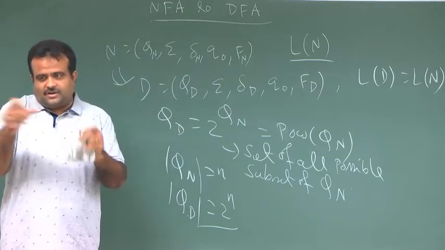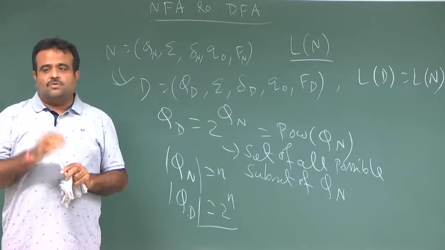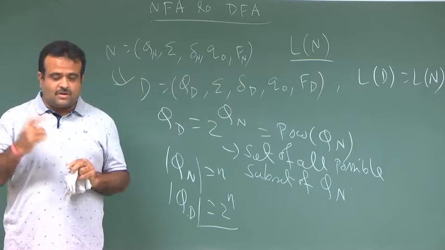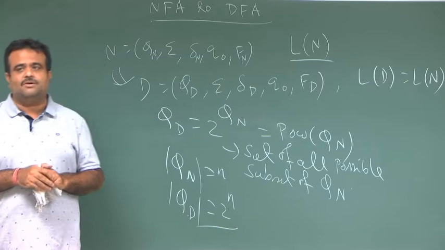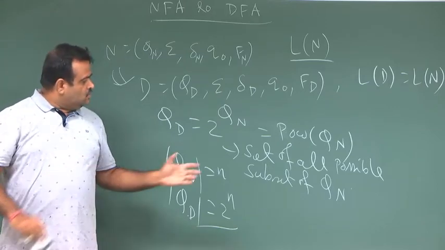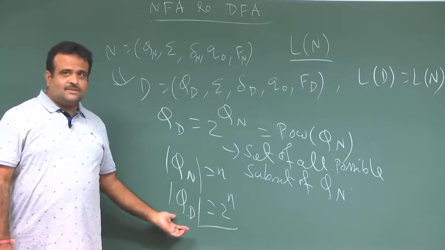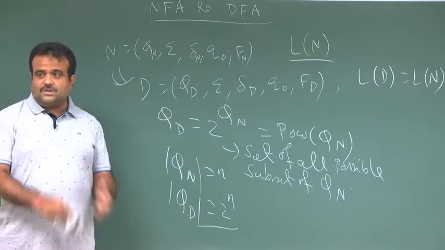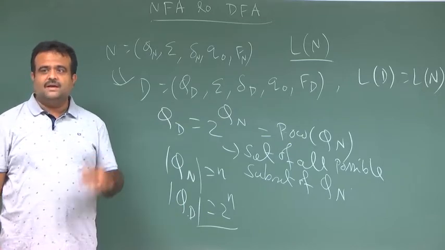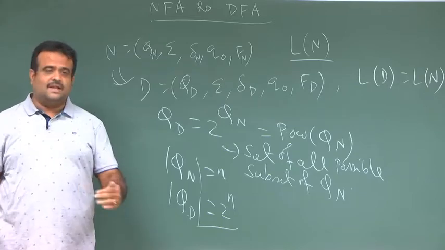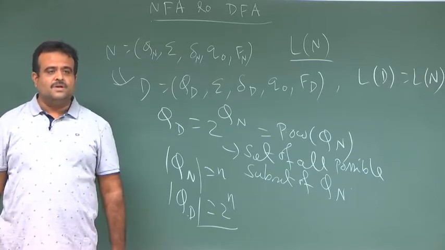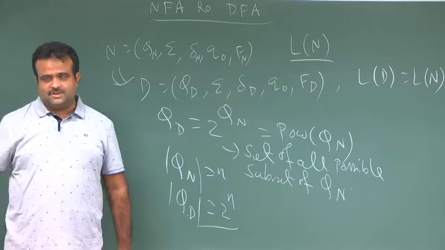That is the string accepted by that automata. So, since we are talking in terms of the language or string accepted by the automata, we will only consider those subsets in the QD which contain Q0. That means those which are accessible from Q0, only those sets will be considered.